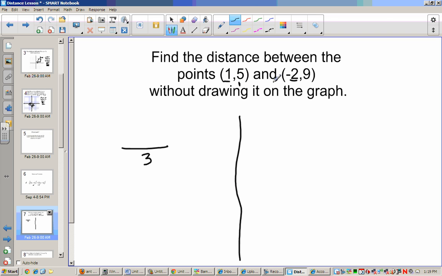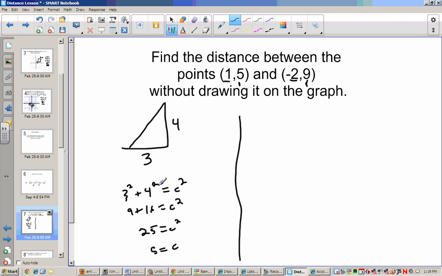Now I focus on 5 and 9. Between 5 and 9, that's a distance of 4. And once you have that, then you can just use Pythagorean theorem to find out. This is kind of like the same one we did earlier. And our distance is 5.